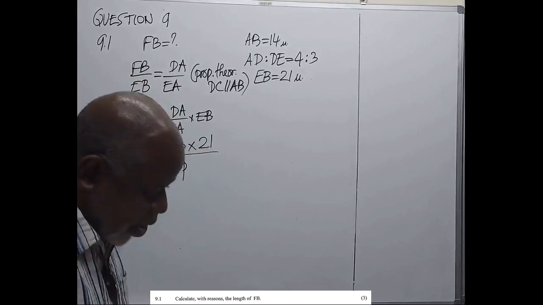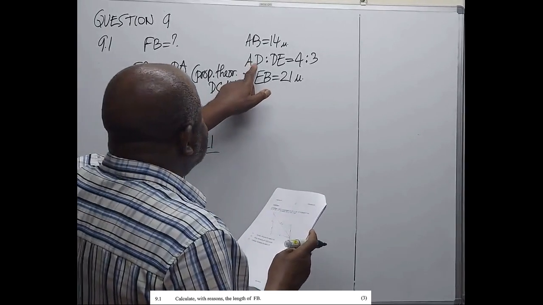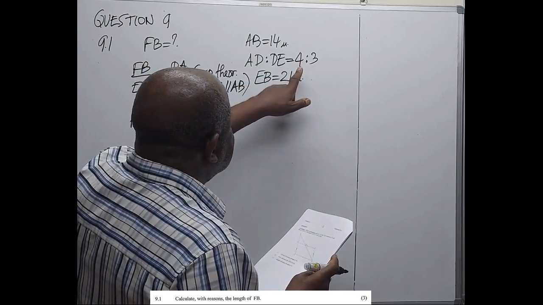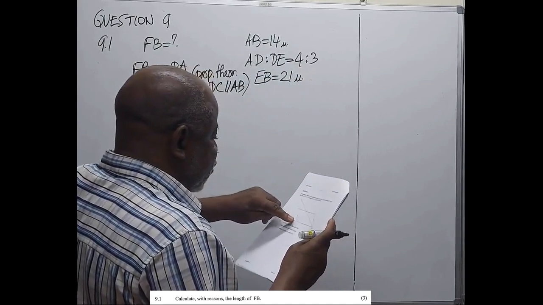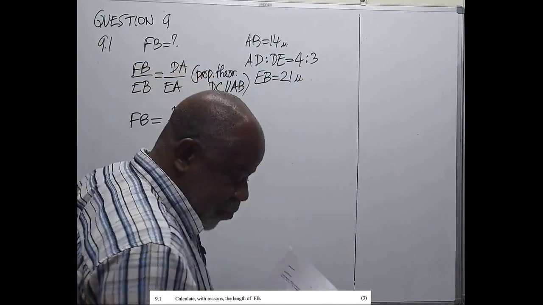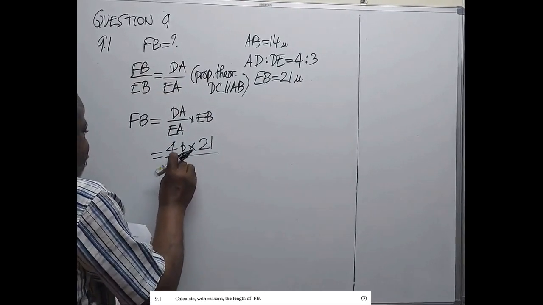EA, if we watch very well, because AD to DE is in the ratio of 4:3, EA is going to be 4 plus 3, which is 7, not 3 down here. Here we are having 7.